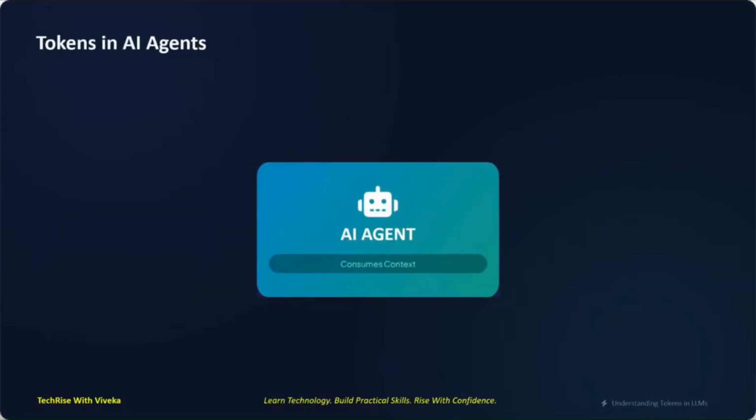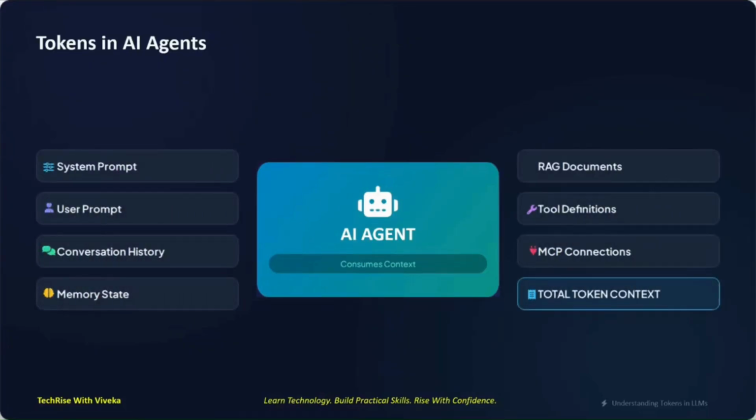Now let's connect this to something much more practical: AI agents. Imagine you are building an AI customer support agent. The user asks a simple question, but the model may need much more information than just that question.